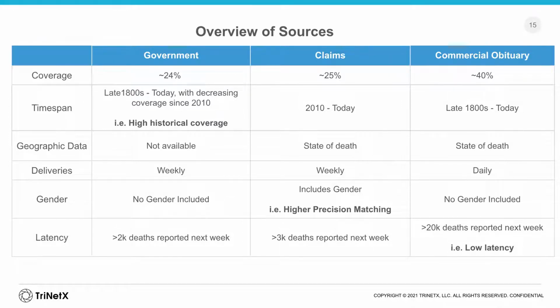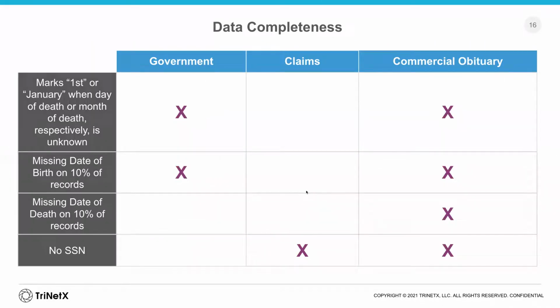The claims data we work with has gender available, which enables higher precision matching when you're looking to match the mortality data with your own data. And we also have commercial obituary data, which is very low latency. And so you're able to immediately look at new deaths and use that in your analysis.